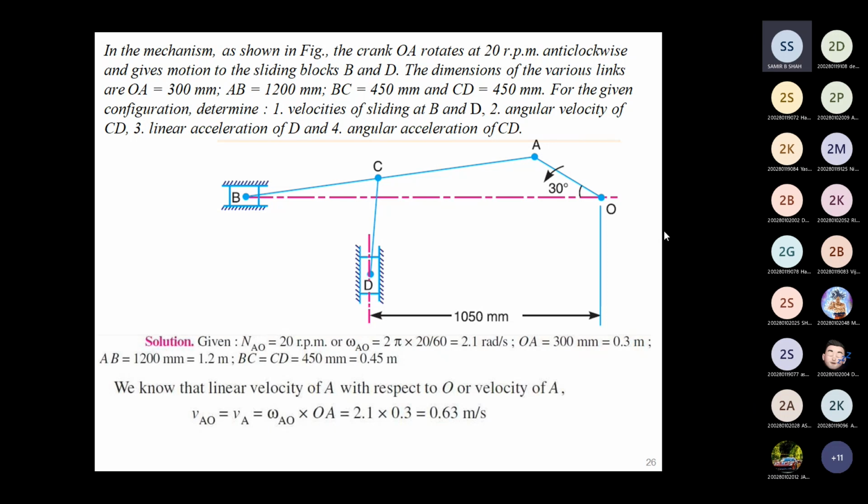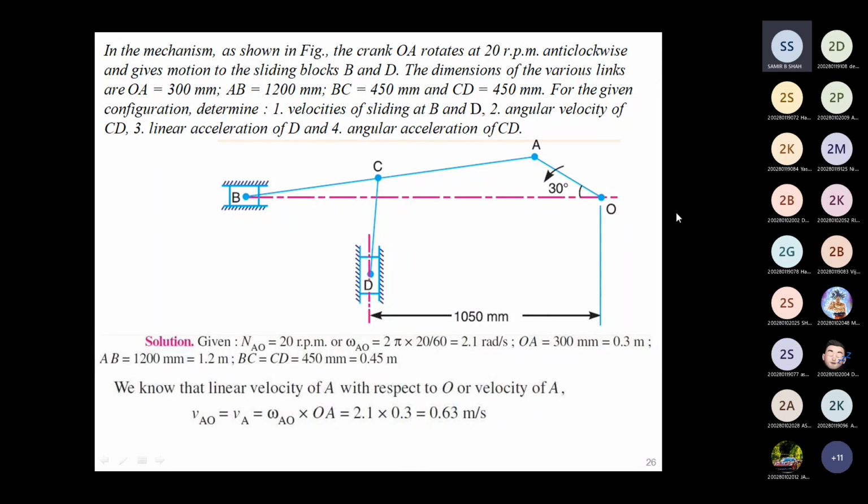Today I discuss the acceleration diagram of the current example. Hope you have the data. If you haven't, then please ensure you have the data, and based on that, we will proceed.